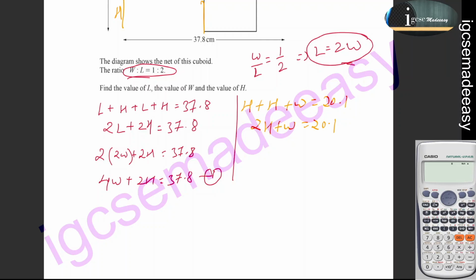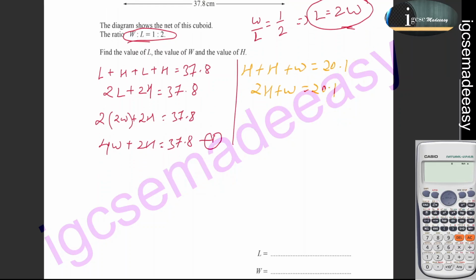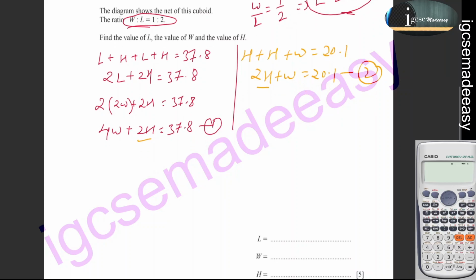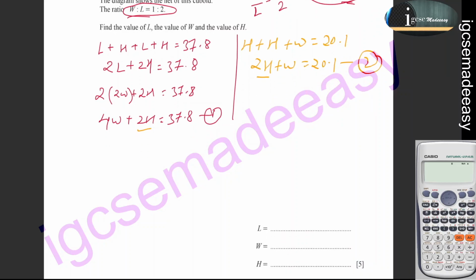Here we can use these simultaneously to cancel, because here 2H is there, and here also 2H is there. So we subtract these two equations.